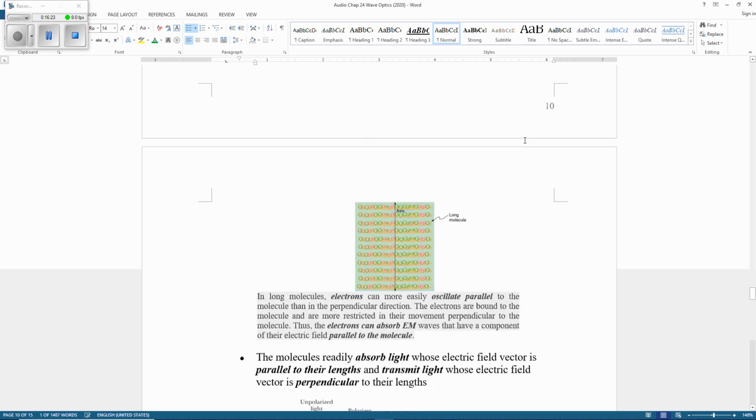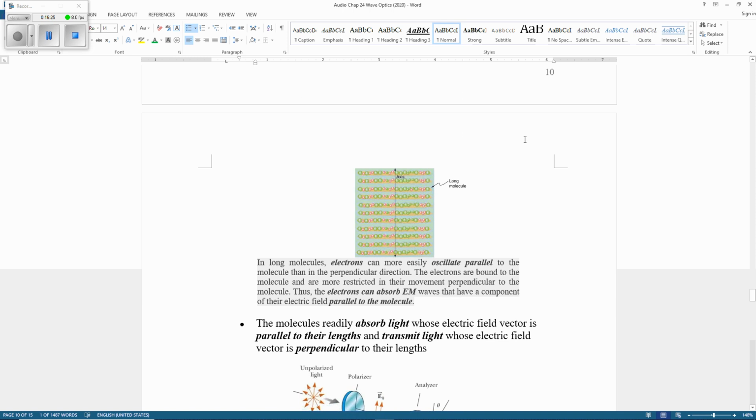Now, the reason is that the polarizer is a piece of material with long chain molecules, one long molecule, another, of course, many of them. The electrons in the molecules only move horizontally this way.